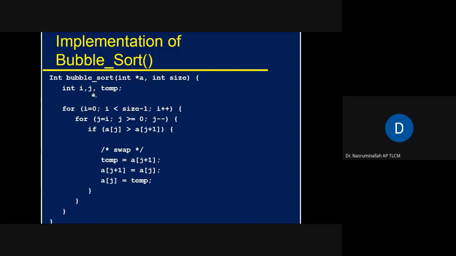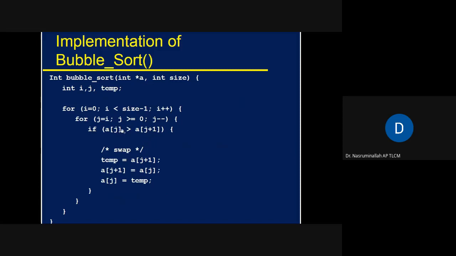So we have defined three variables: i, j and temp. There are two nested loops. The first loop is from start till size minus 1, so the second last element, and the second loop will start from j is equal to i, and it is exactly the same operation that I graphically represented in the previous slide.